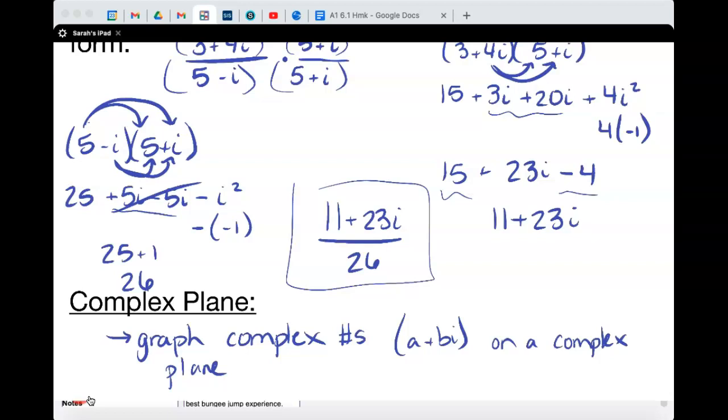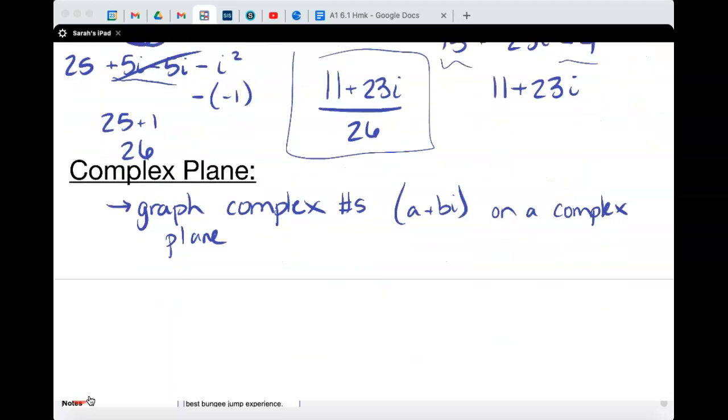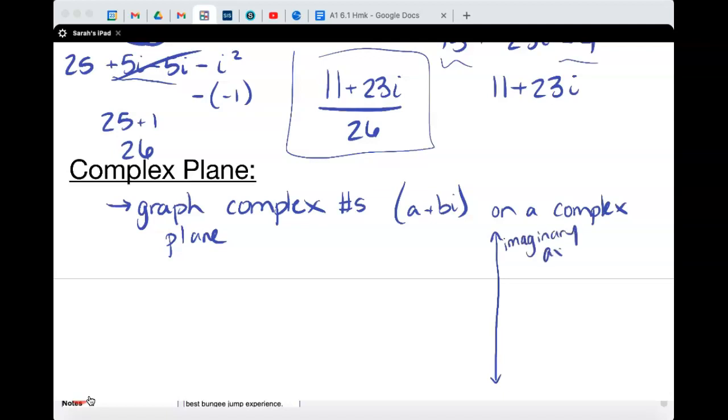Typically we have an x-axis, y-axis. That's what we're used to. Complex plane, no such thing. This is the imaginary axis, and then the horizontal is the real axis.